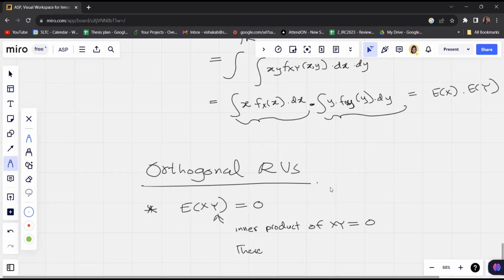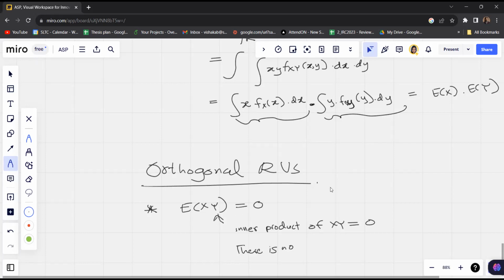So in the orthogonal case, there's no similarity, and also the inner product is completely 0. That means there's no relationship at all in the orthogonal random variables.